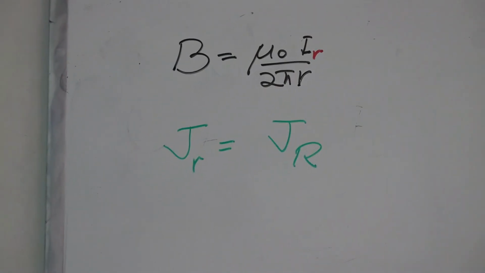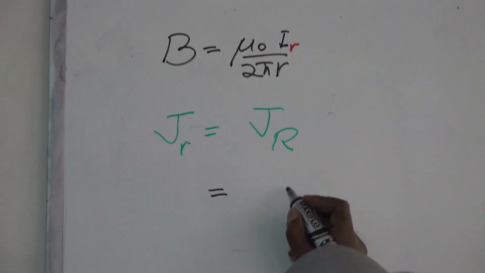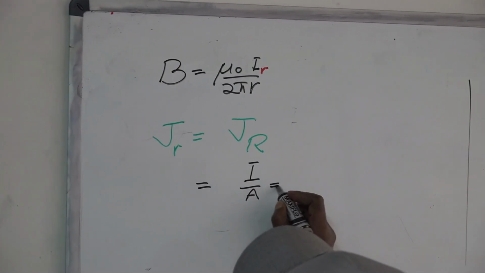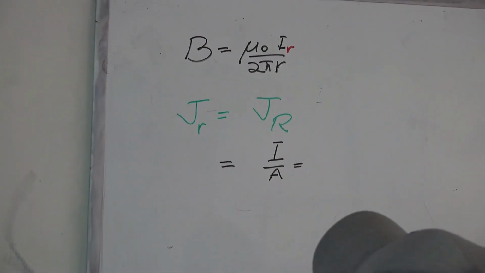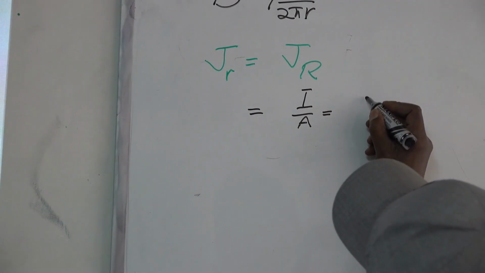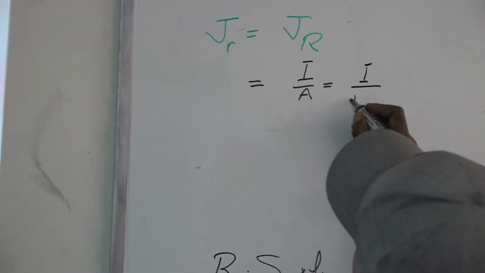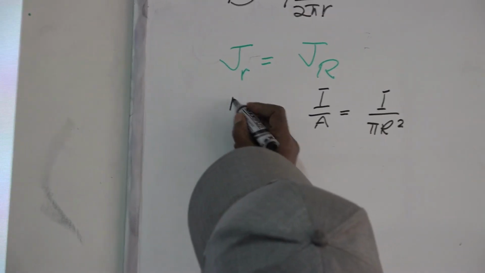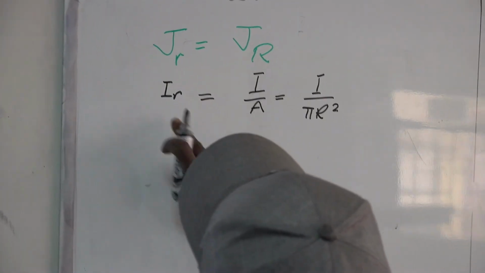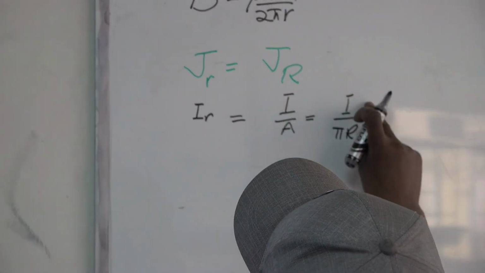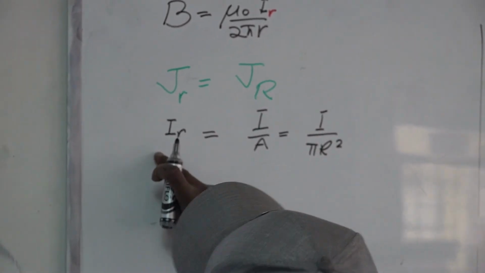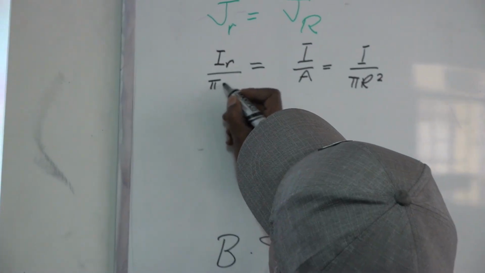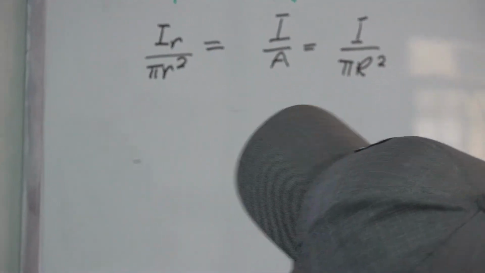We carry on with this thing here. J(r) means current divided by area. And inside the circle, cross-sectional area, as you know, is pi r squared. So we have I over pi r squared. And this one here too is I(r). Remember, the difference between this I(r) and this one is, this is only a small portion of the current, this is the total current, divided by, again, the small cross-sectional area, pi r squared.